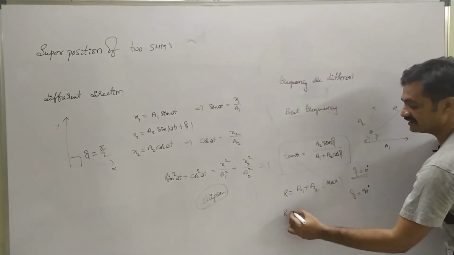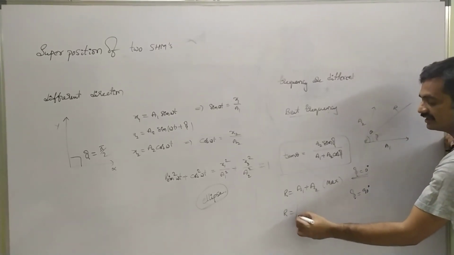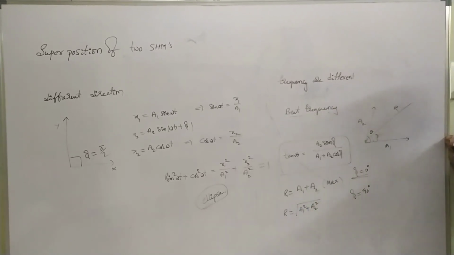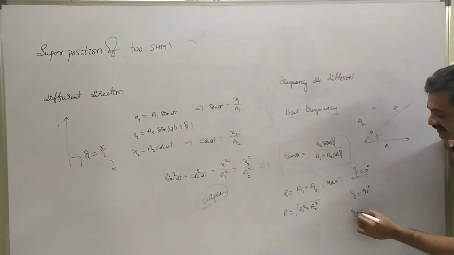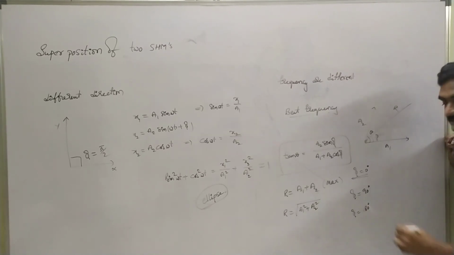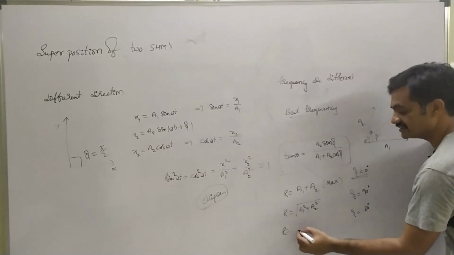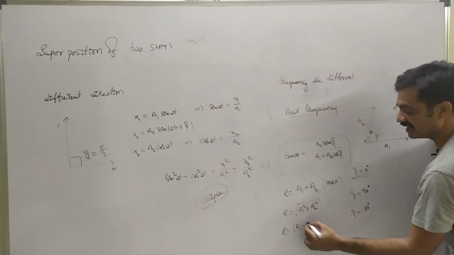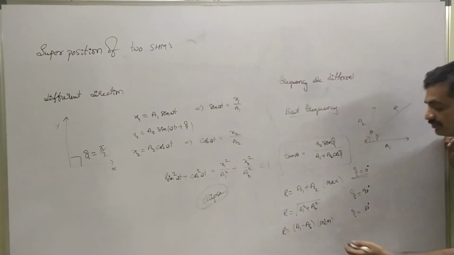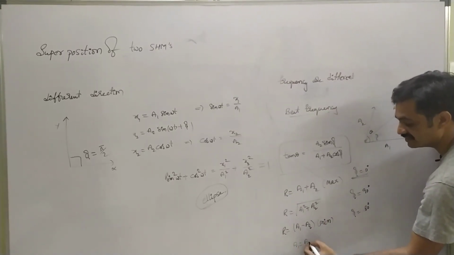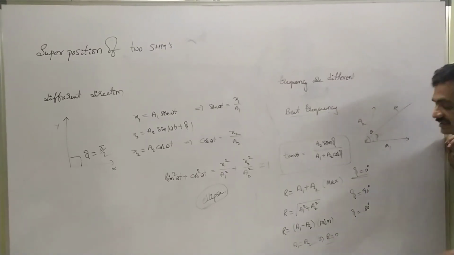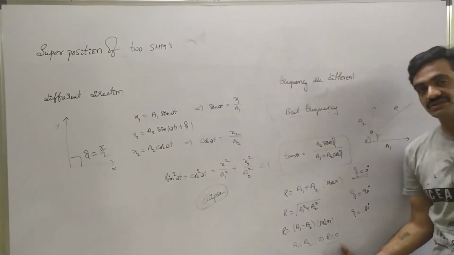Then the resultant is under root of A1 square plus A2 square. Suppose the angle between the two SHMs is 180 degrees. Then the resultant amplitude is R equals A1 minus A2, which is a minimum value. If A1 equals A2, then the resultant amplitude is 0.